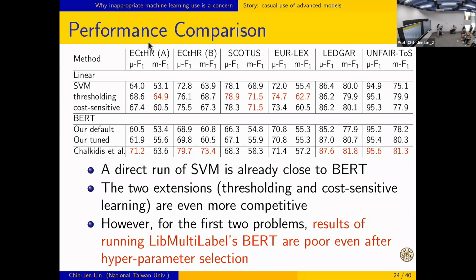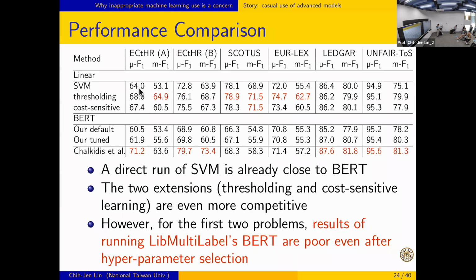But how about the first 2 data sets? Because earlier we mentioned that there is a gap. The direct run of SVM, we get 64 here. And BERT, we get 71. And for the second problem, SVM gives 72. But BERT, you get 79. So there's a gap. However, the 2 extensions, those well-developed linear methods, make significant improvements.